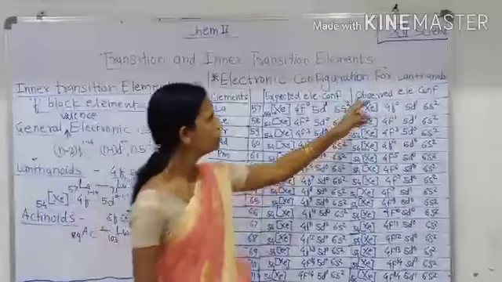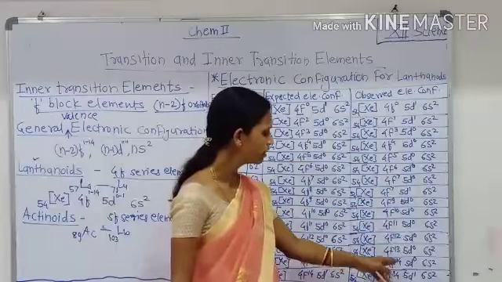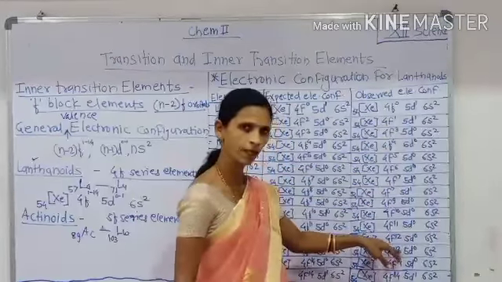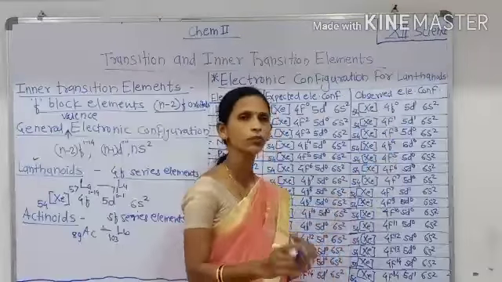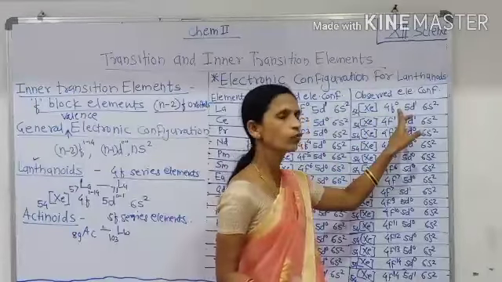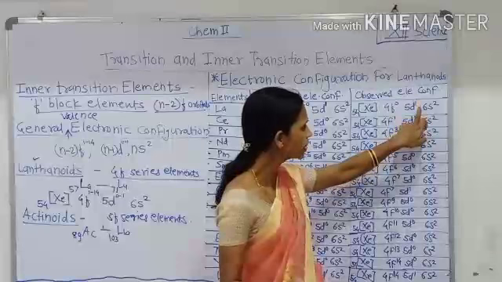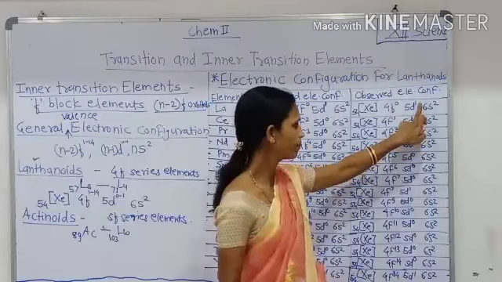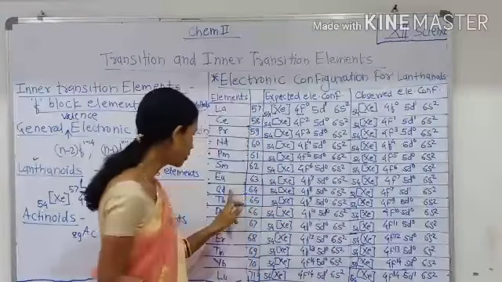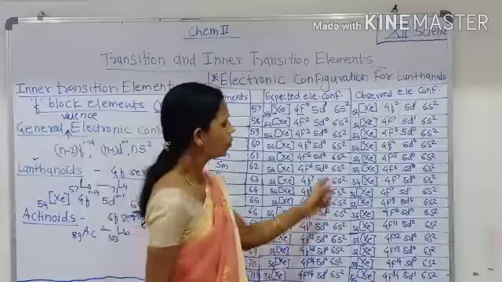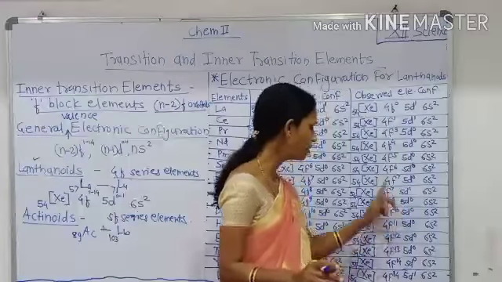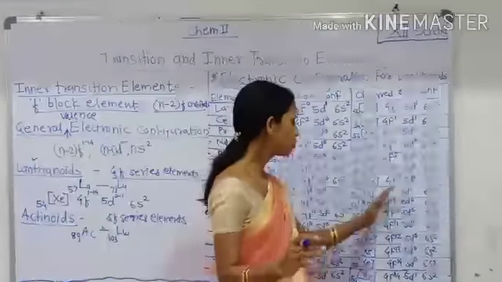See here, in the observed electronic configuration of lanthanoids, in most of the elements the 5d orbital is empty and the 4f orbital is progressively filled up. Here in lanthanum, the 4f orbital is empty, that means the last electron enters the 5d orbital. To maintain the stability, for cerium, gadolinium and lutetium, 1 electron is present in the 5d orbital, and the 4f orbital becomes half filled for gadolinium to become more stable.